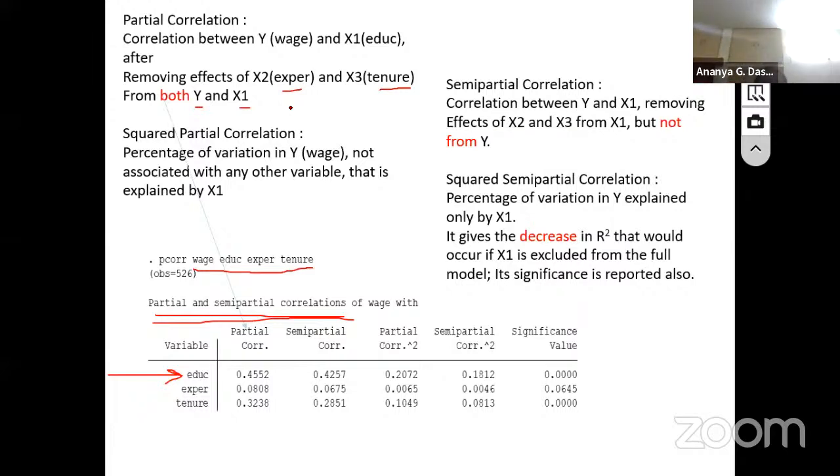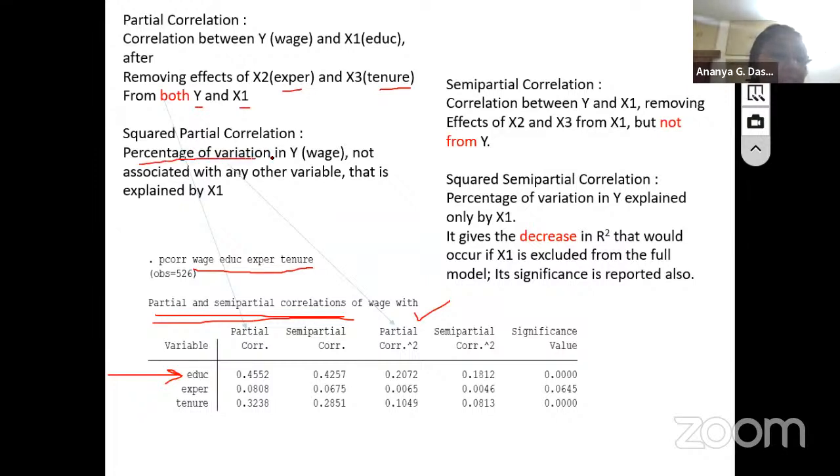So this is simply the correlation between the part of wage which is not related to either experience or tenure, and the part of education which is not related to experience and tenure. And if you look at the square of the partial correlation, which is here, it's giving you a kind of R squared.